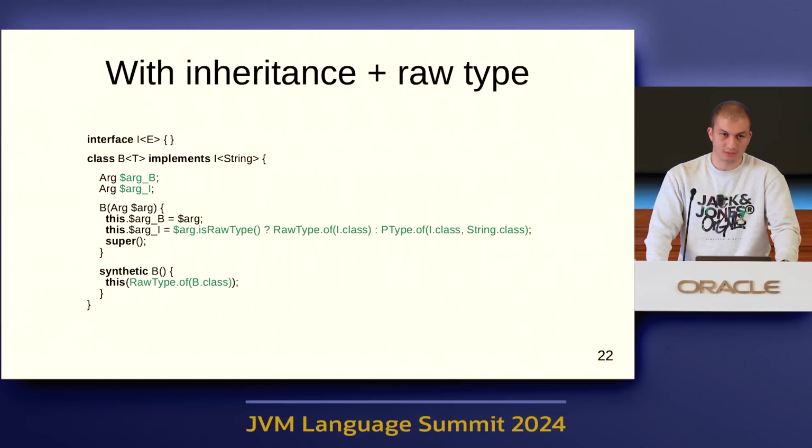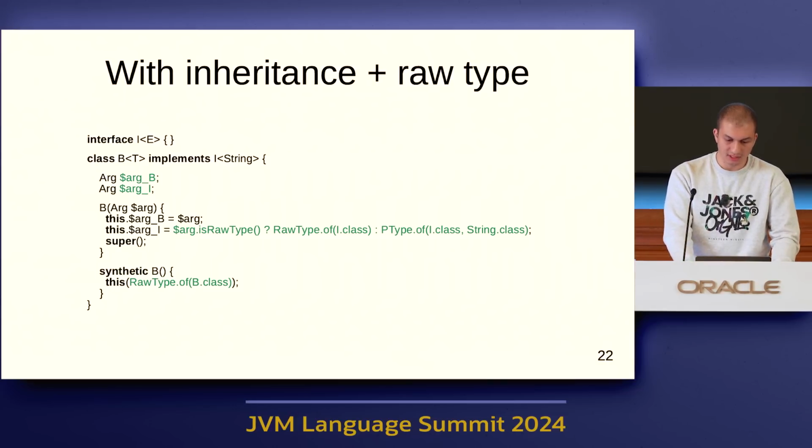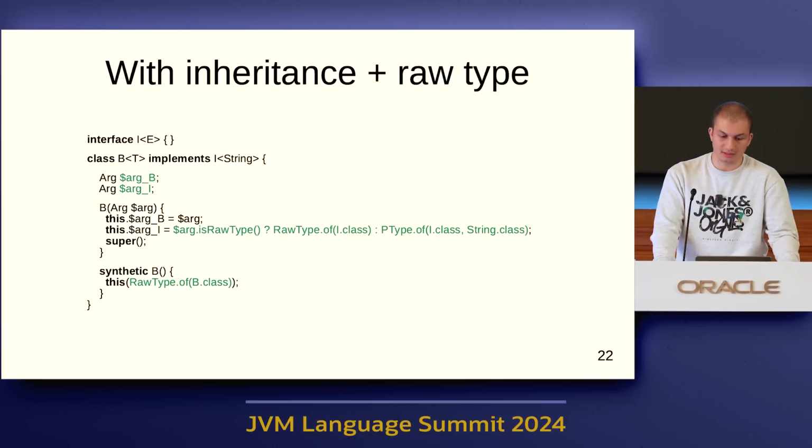And if it's a row type, we need to propagate the fact that this instance of B is a row type, to keep the behavior from the previous slide. And in the case where the arg is not a row type, we can simply set a parameterized type I of string.